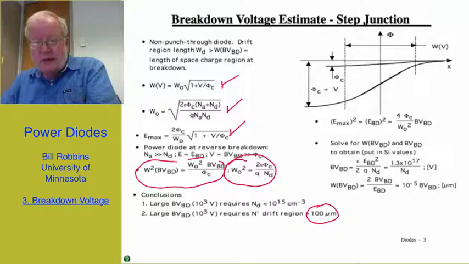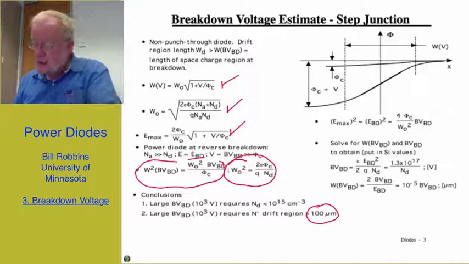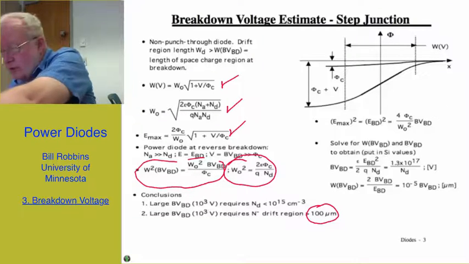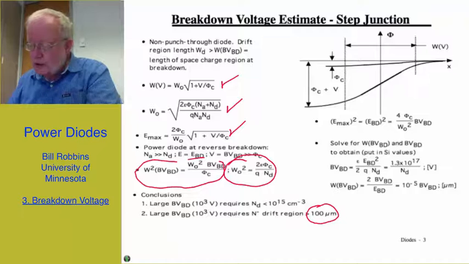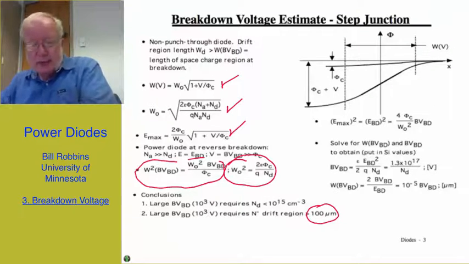So high voltage devices are going to have relatively thick drift regions and relatively light doping densities in the drift region. However, there's more to the breakdown voltage considerations than just the values that we estimate for an ideal geometry.